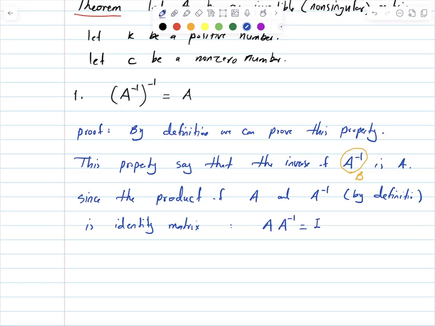So what's the meaning of that? It means that this matrix, matrix B, is the inverse of matrix A. This is your matrix B. So B, which is just representative of the inverse, is the inverse of A.